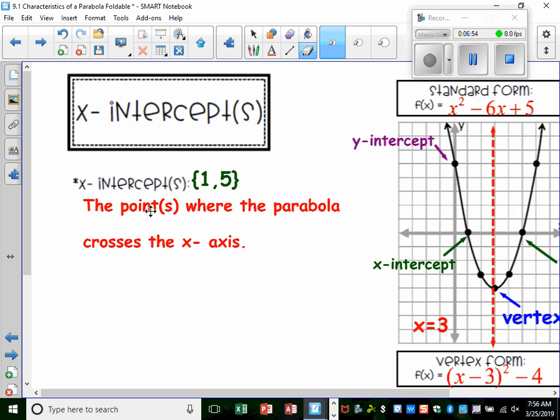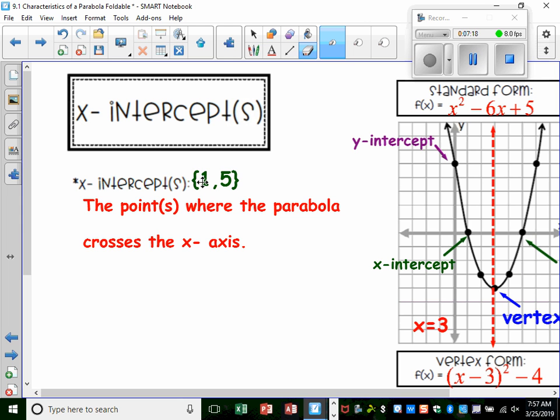So now we're adding the x-intercept. This is a slide which shows you where the x-intercepts are, at 1 and 5. And this is how you write it. The x-intercepts are basically just in these little set brackets. Don't use parentheses, because parentheses would represent a coordinate.